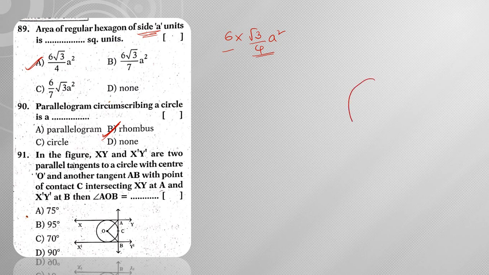Now let us consider this figure clearly. So this is one tangent, this is one more parallel tangent, and this is one more tangent. Now if you observe this carefully, OA, OB, and this is my point C. When you join this, this is radius and this is radius, and at the points of contact it will be 90 degrees.